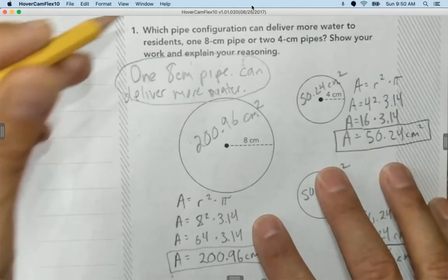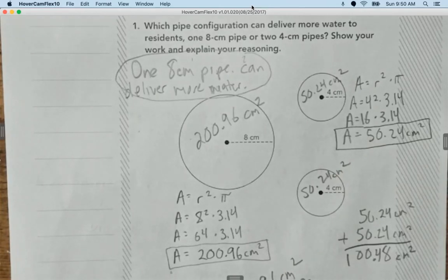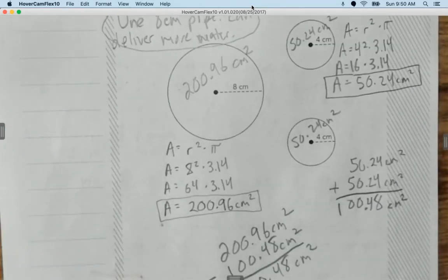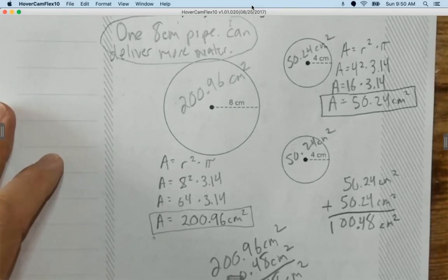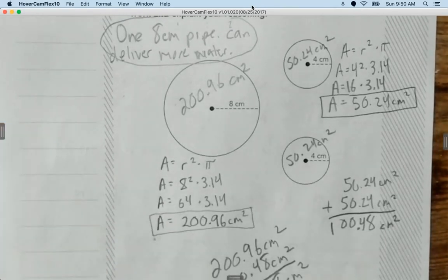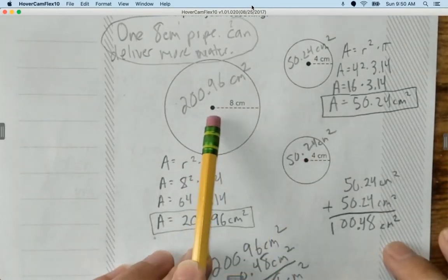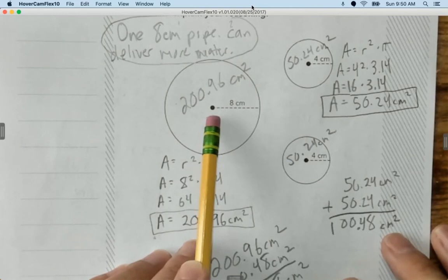Then I would explain my reasoning a couple of different ways. First, I calculated the area of all of the pipes. I added up the two 4 centimeter pipes, and it was only half as much as the one 8 centimeter pipe. I could also explain that when I found a radius ratio of 1 to 2, the area ratio ended up being 1 to 4.